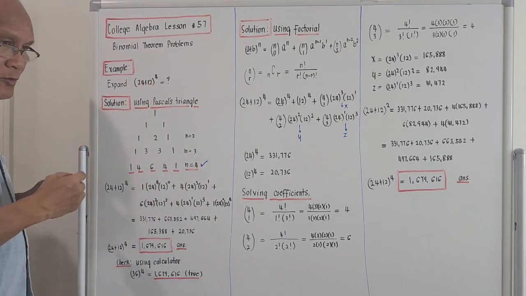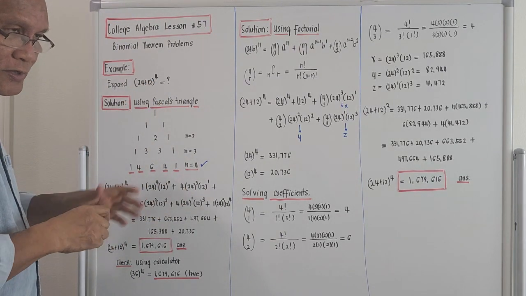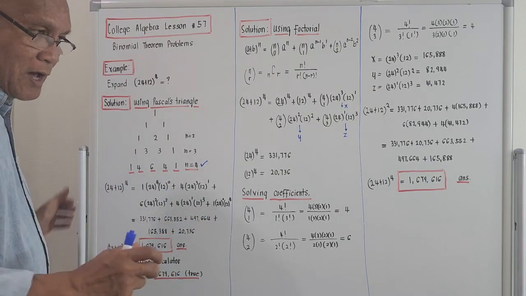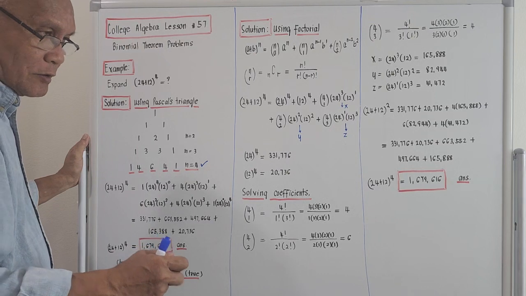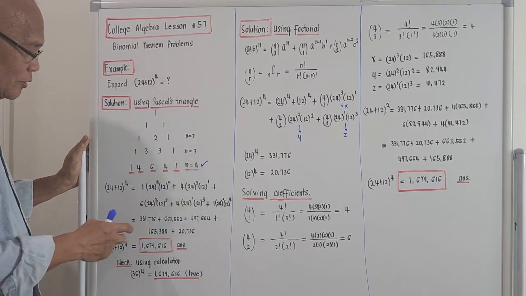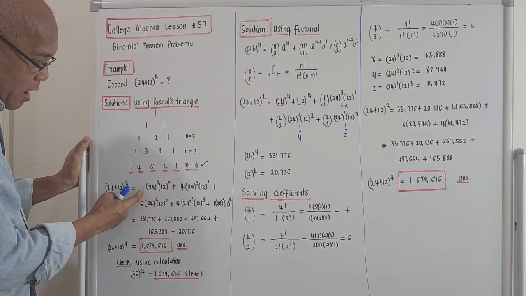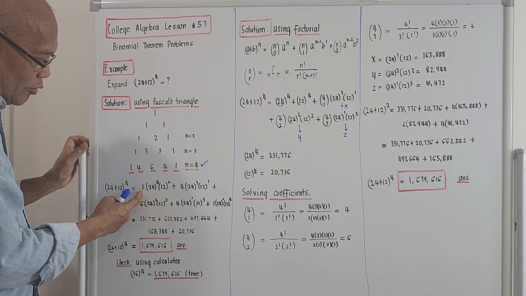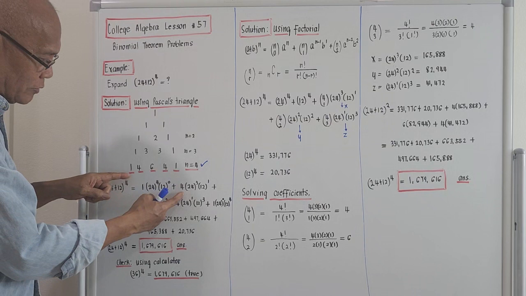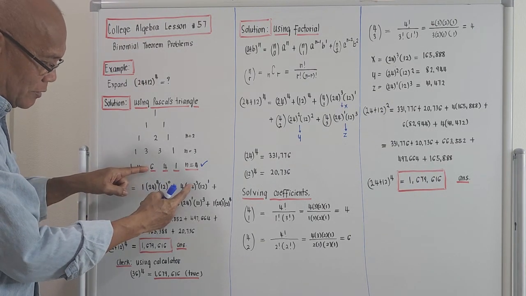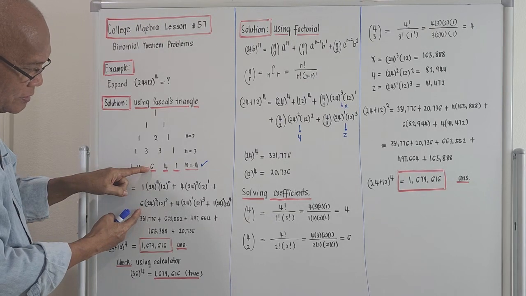Right? So meaning to say, after constructing the Pascal's triangle, what comes out are actually the coefficients of the expansion. The coefficient of the first one will be 1. The coefficient of the second one will be 4. The coefficient of the third one will be 6.